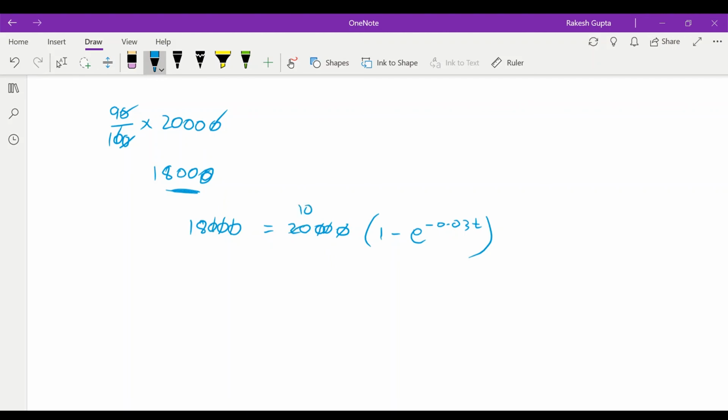This goes 2 into 10 times, and this goes 2 into 9 times. So 0.9 is equal to 1 minus e to the power minus 0.03t.